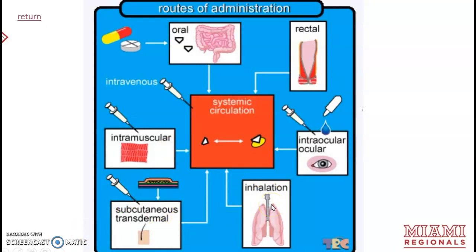Inhalation, anything that gets smoked. We also have things that get snorted. That's not on this graphic, but you could snort things through the nose. And all of that determines how quickly it can get into the blood. Obviously, if you inject directly into a vein, it's immediately in the blood and right up into the brain within just a few seconds. Inhalation is also quite quick.